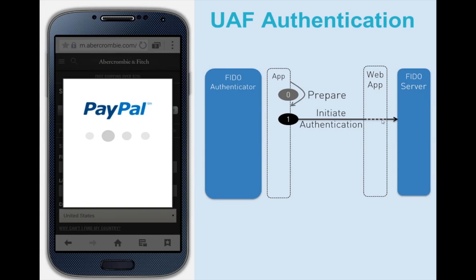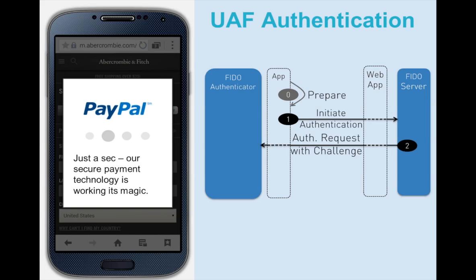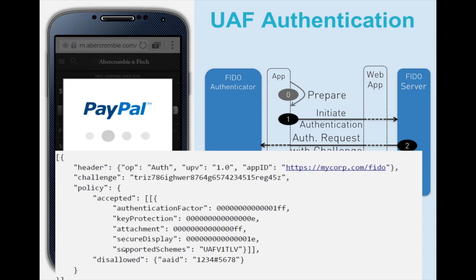It triggers the authentication. Essentially, it talks to the web application, which then talks to the FIDO server and says, I need an authentication request. So the FIDO server generates an authentication request, including a random challenge, and sends that to the PayPal application. The PayPal application receives that authentication request, which essentially looks like this.